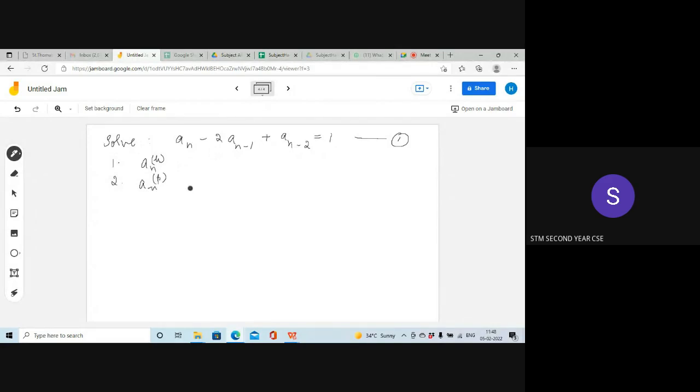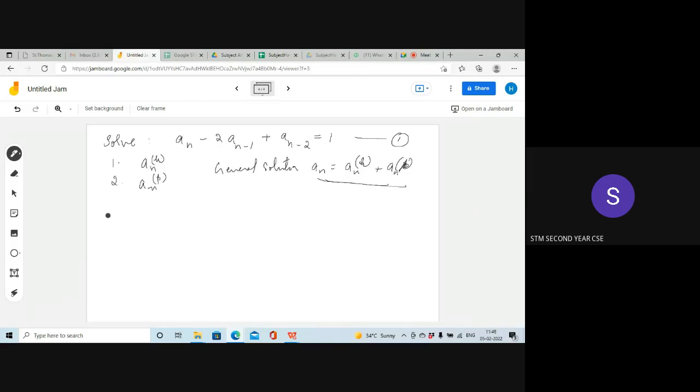The general solution is then a_n is equal to a_n^(h) plus a_n^(p). So we have to find a_n^(h) and a_n^(p). Now a_n^(h) means the homogeneous solution, and a_n^(p) is the particular solution corresponding to the right hand side.